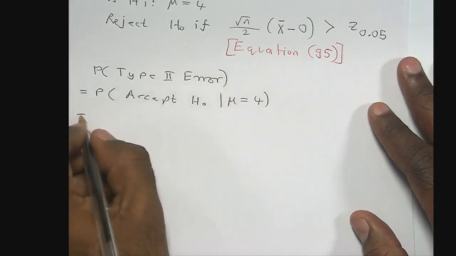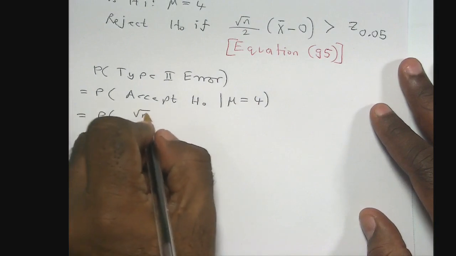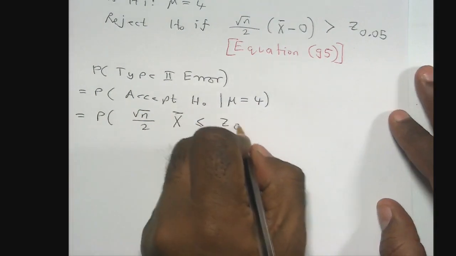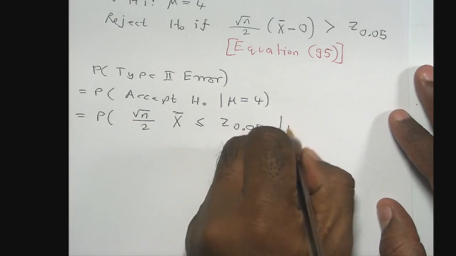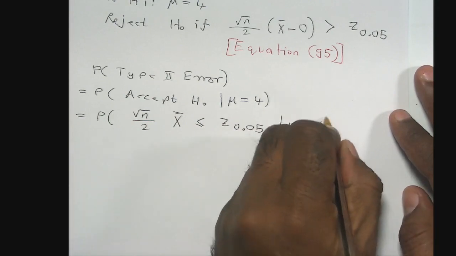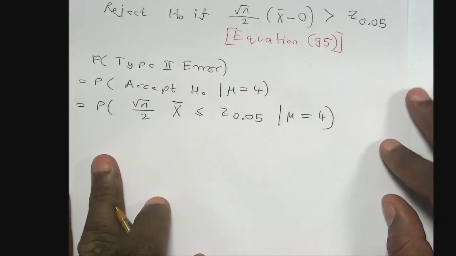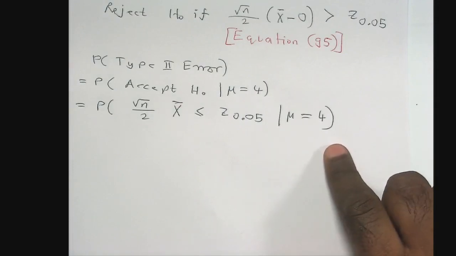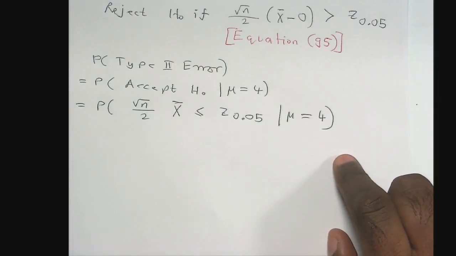In other words, the probability that root n by 2 times this is less than or equal to this. I've done this many times already, guys. Now what's the next step I should do?